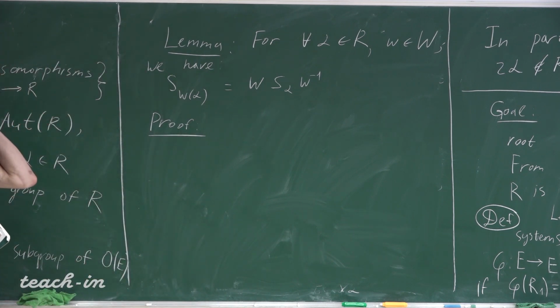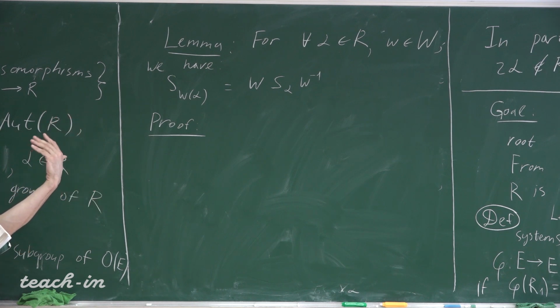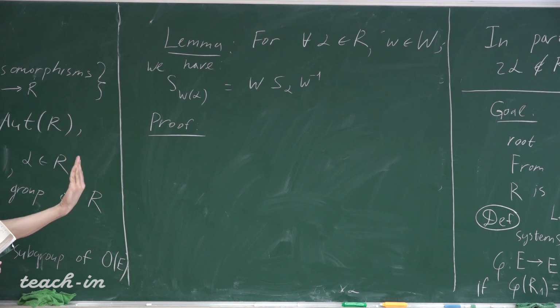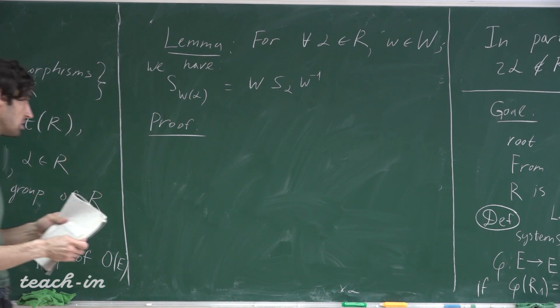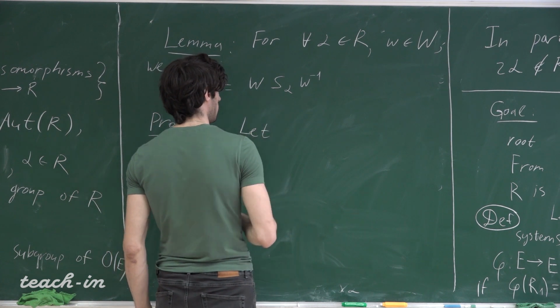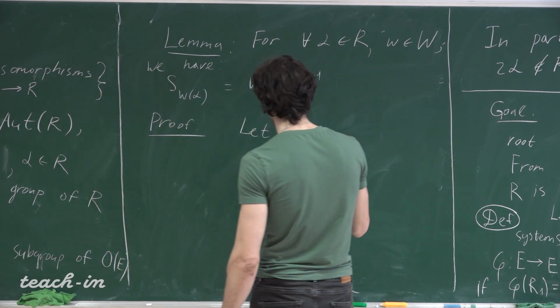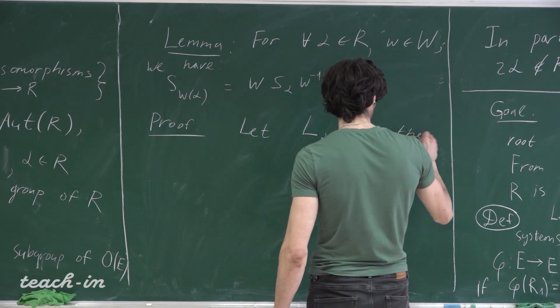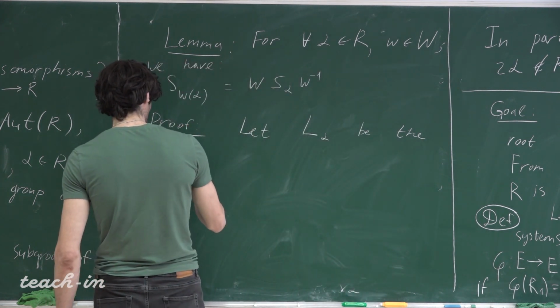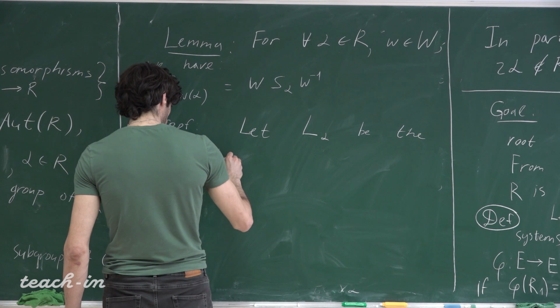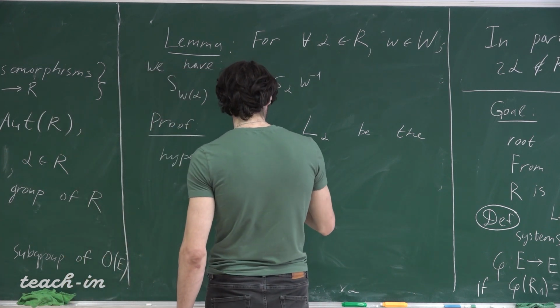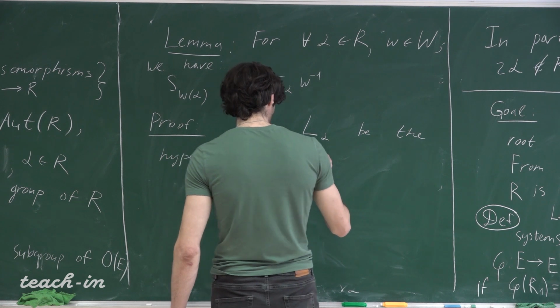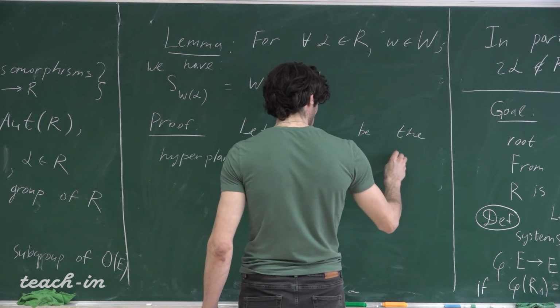Okay, another very important thing for studying reflections are these hyperplanes with respect to which we reflect. Hyperplanes which are orthogonal to roots. Let us denote such hyperplanes as L alpha. So let L alpha be the hyperplane orthogonal to alpha.